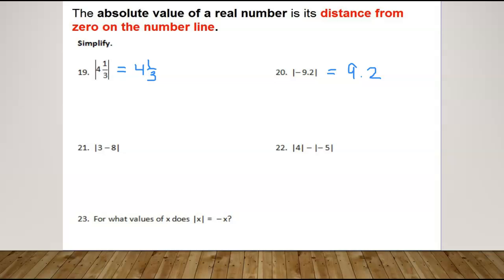Absolute values are kind of like parentheses. You have to simplify inside before you take the absolute value. So we're going to take 3 minus 8, which is negative 5, then take the absolute value to get 5.